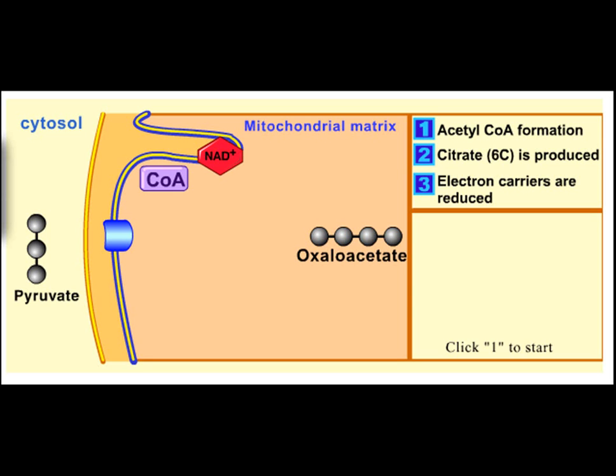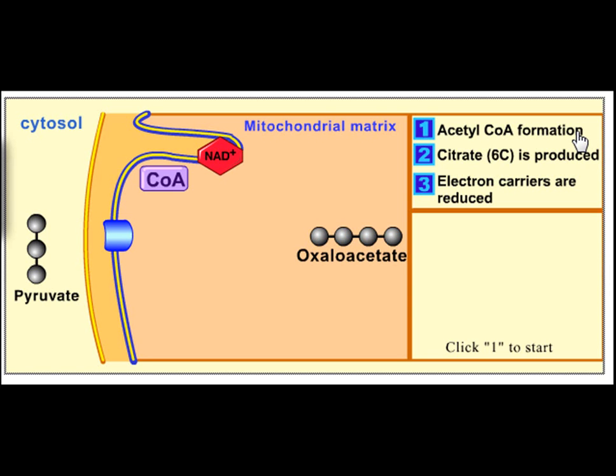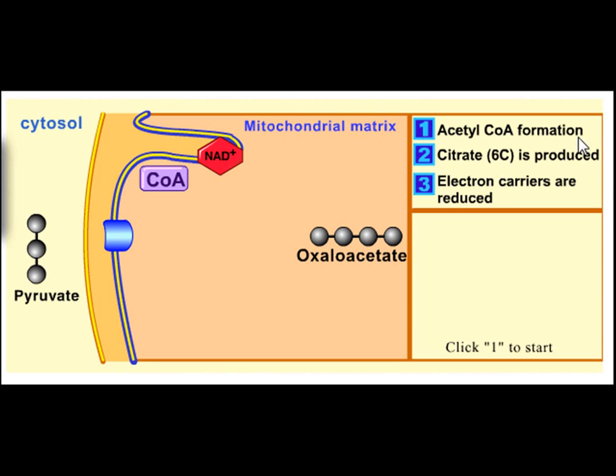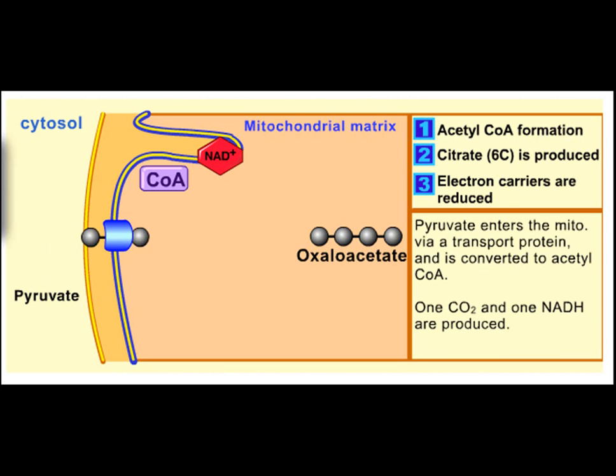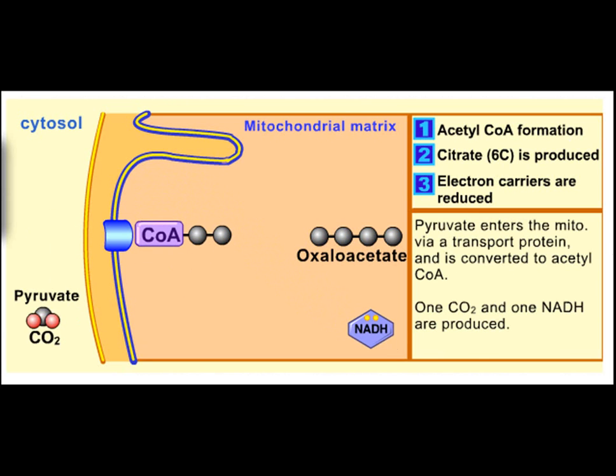Okay, as we begin, we have our pyruvate molecule in the cytosol that was produced through the process of glycolysis. The first reaction that happens is our transition step, taking this pyruvate across the 2 membranes of the mitochondrion and forming acetyl coenzyme A. So what we will see happening is this pyruvate going through, NAD plus being reduced to NADH, and carbon dioxide being oxidized, and the coenzyme A attaching itself.